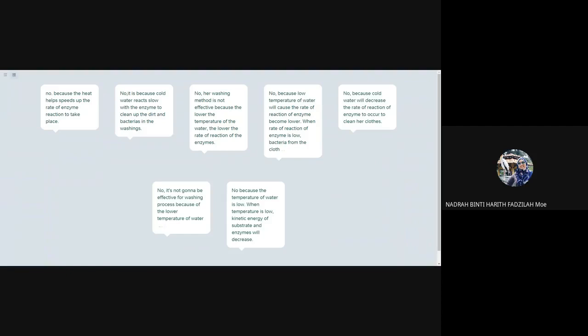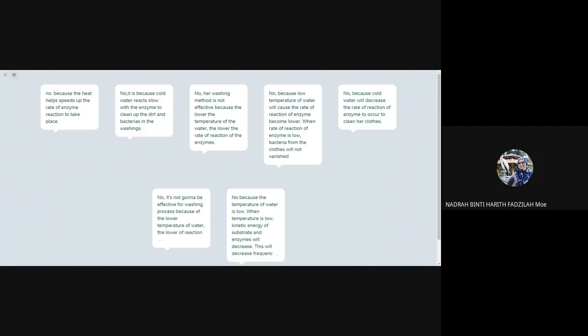Okay. So I agree with you all when you say no, because when the temperature of water is low, antara reason dia ialah kinetic energy of enzyme and stain molecules is lower, therefore reduces effective collision between enzyme and the stain molecules.